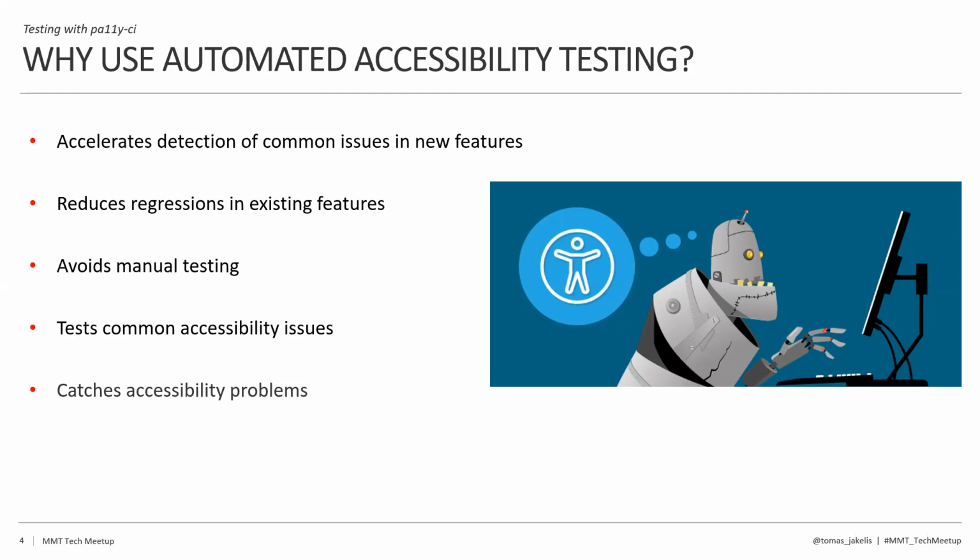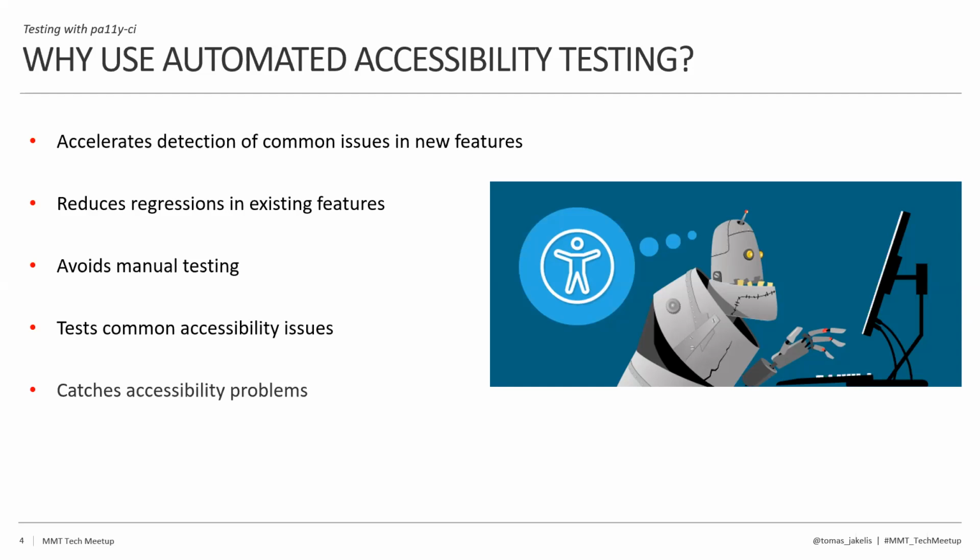That's not 100% true, but it does help to avoid a lot of manual testing. There are things which still require manual testing, and we can't really avoid that, at least today. But I hope in the future our tools will become better and better.